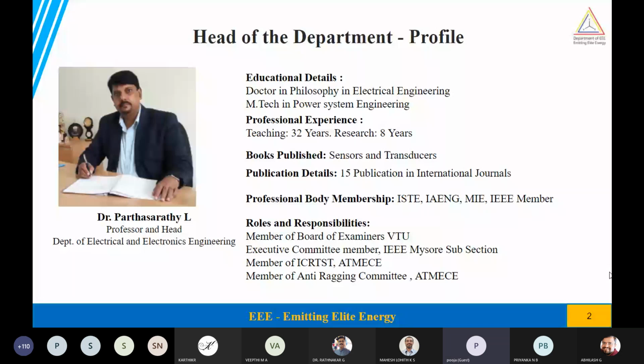At the outset, I'm very glad that you have selected our college, ATM College of Engineering, with a belief that you are going to become good engineers. So as an engineering aspirant, I really like the decision that you have taken for having chosen our college, and a few of you have even chosen my department.